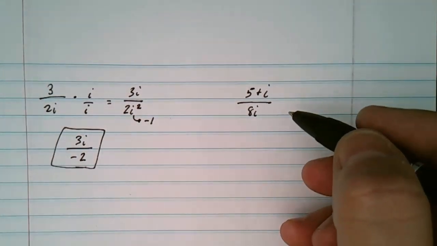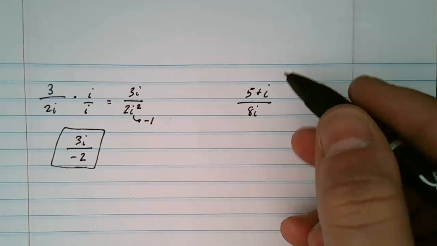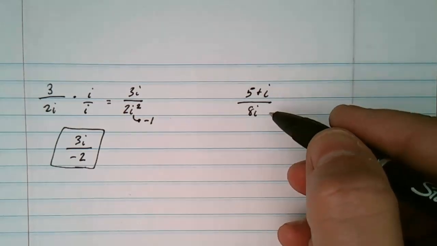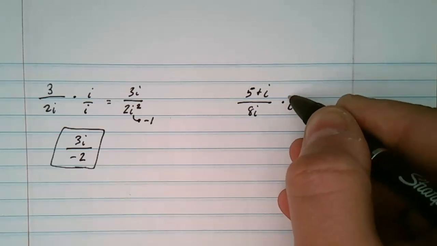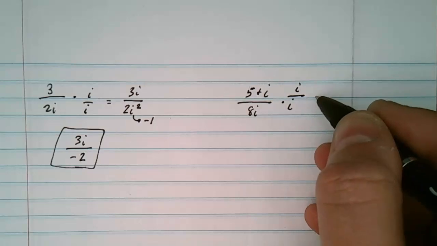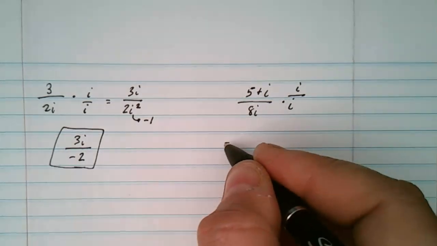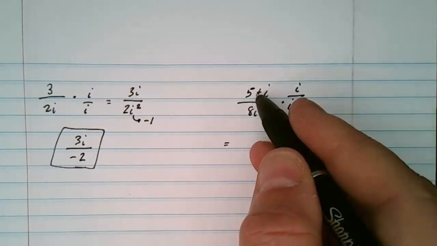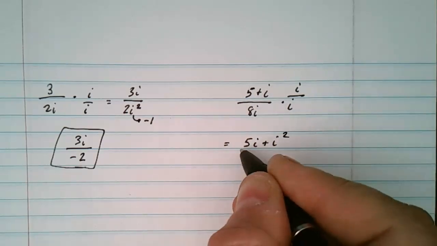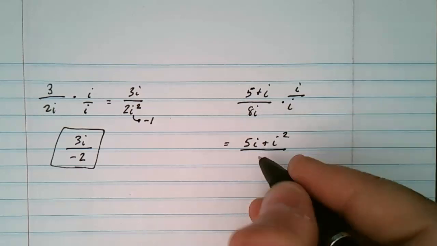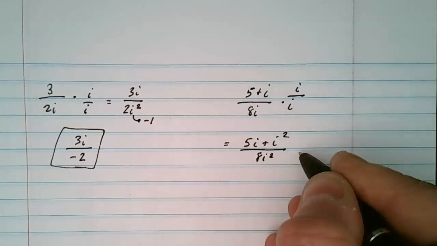Another example here, you got (5 plus i) over 8i. We don't care about the numerator, we only care about the denominator. The denominator is only imaginary, so we multiply by i over i. Now when we do this, we're going to distribute this i, so we're going to get 5i plus i squared over 8i times i, which is 8i squared.